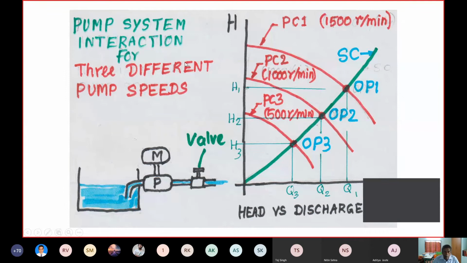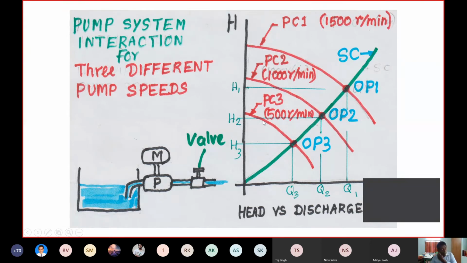Now you see pump system interaction for three different pump speeds, but a single system characteristic. The single system characteristic is indicated by the green line, and you have three pump characteristics denoted by the three red lines. The top one is the pump characteristic for 1500 RPM. The next one is for 1000 RPM.